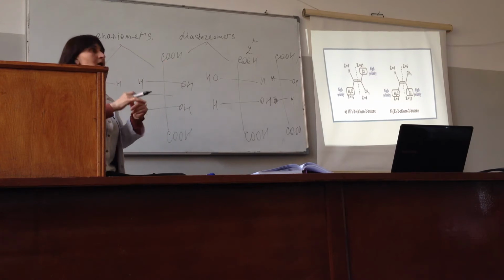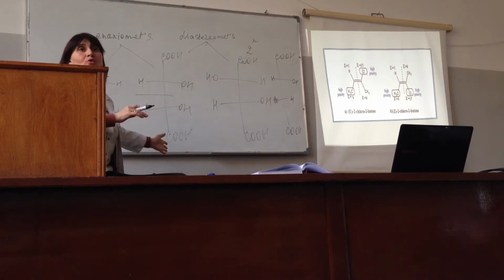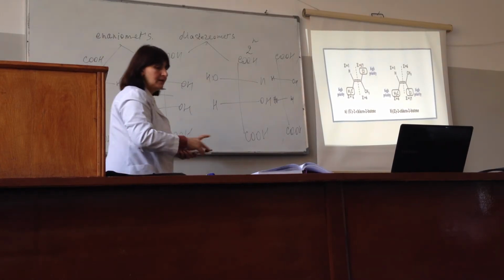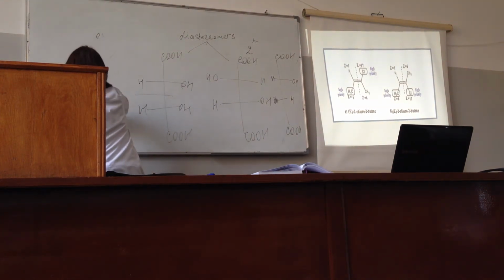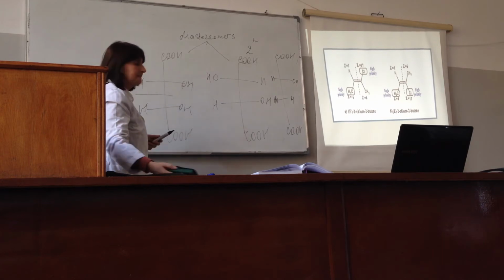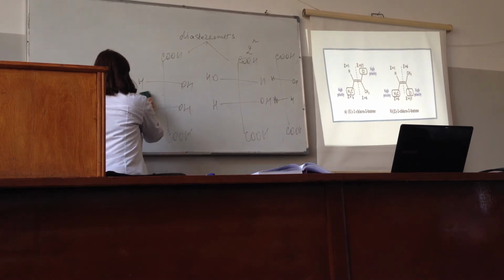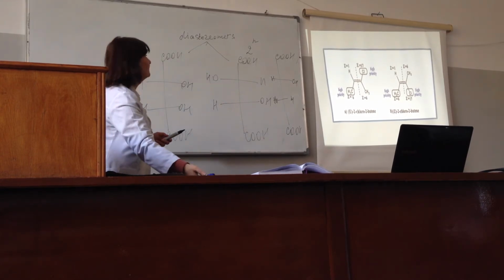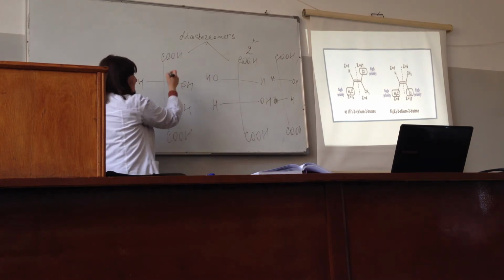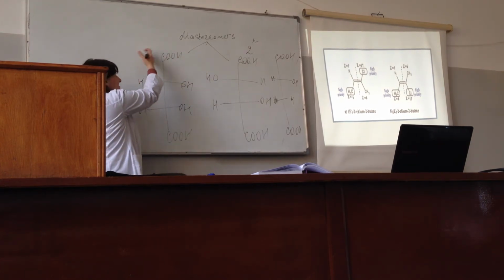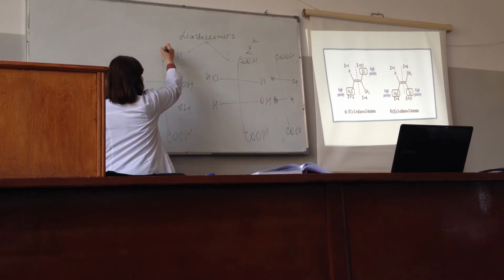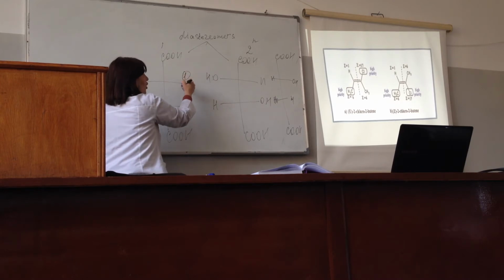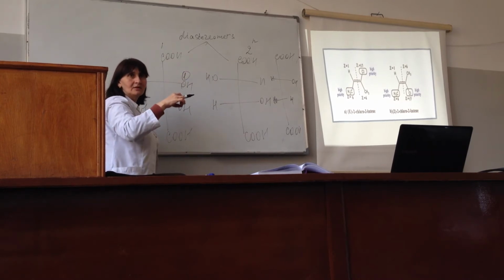Now let's discuss why this one is an optically inactive molecule. Look. In this case, don't look at this part. Let's discuss three substituents. This is number 4. This one has the lowest priority. This is number 1 because oxygen's atomic number is 8.